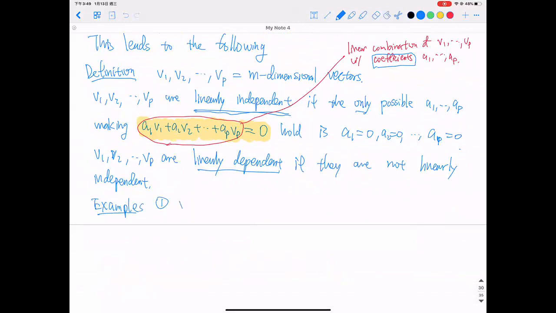Say V1 is 1, 2, 3. V2 is 2, minus 1, 4. V3 is 0, 5, 2. So the question is, are they linearly independent or dependent?